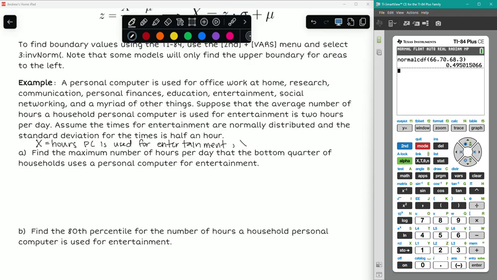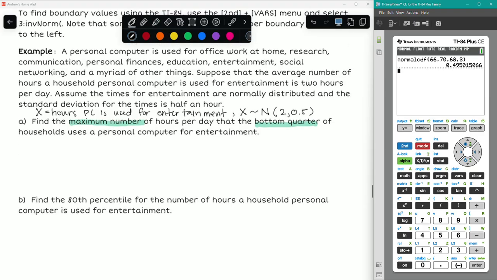And I'm told that that variable for x is normally distributed with a mean of 2 hours and a standard deviation of half an hour, 0.5 hours. And the first question says, find the maximum number of hours per day that the bottom quarter of households use a personal computer for entertainment.